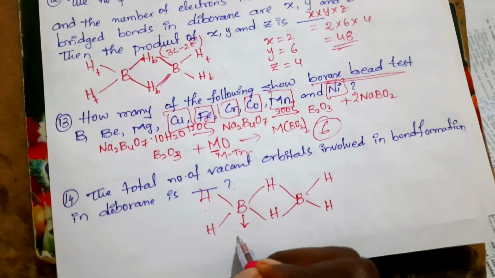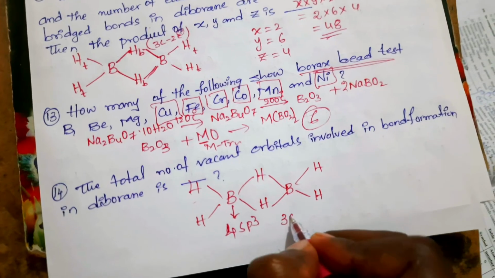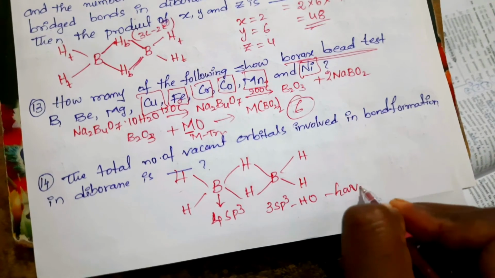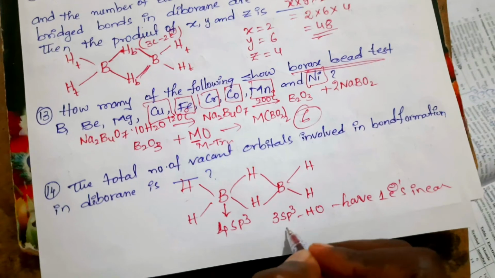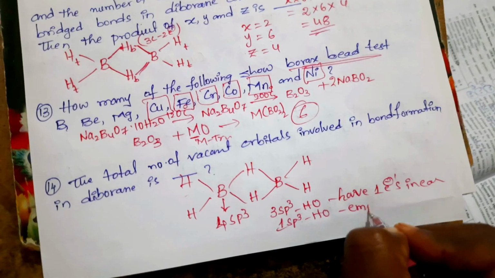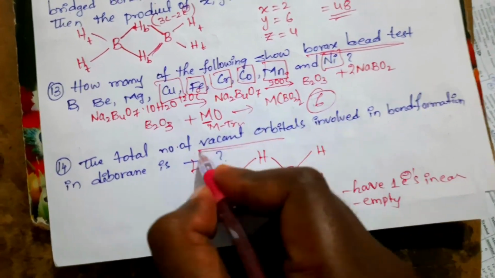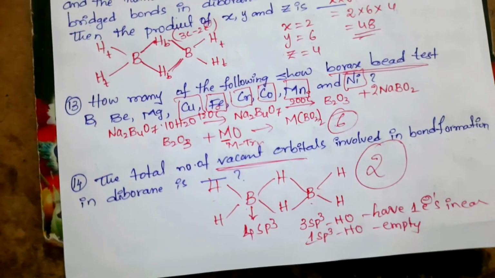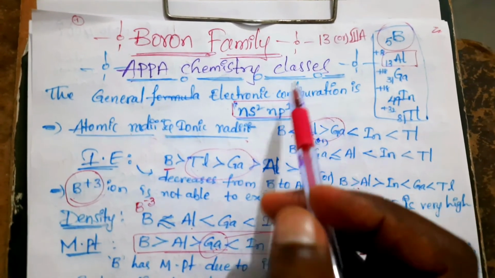Out of 4 sp3 hybrid orbitals, 3 have 1 electron in each, whereas one sp3 hybrid orbital is empty, a vacant orbital. So here one empty, here one empty. So total how many vacant hybrid orbitals are involved in diborane? 2. Is that clear? This is about the complete boron family, or 13th group, or 3A group elements.